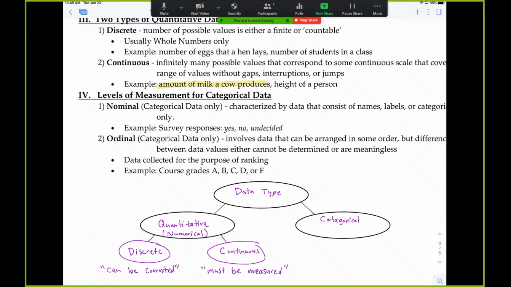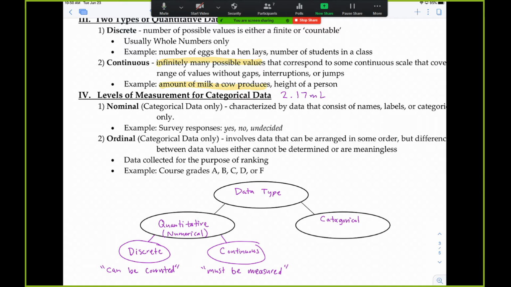That has infinitely many possible values. Why is that? Let's say we're measuring in milliliters. We can have a cow that produced 2.17 milliliters.